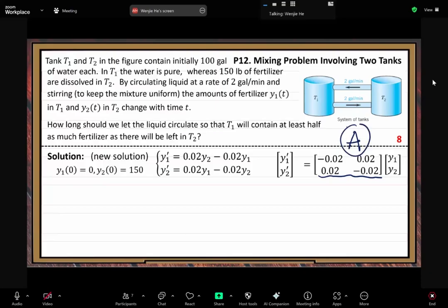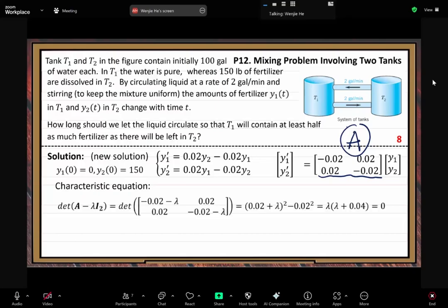Then remember the characteristic equation. We need to solve the characteristic equation first. So what's the characteristic equation for this matrix equation? Remember last time we defined this determinant of A minus lambda times the I2 matrix.